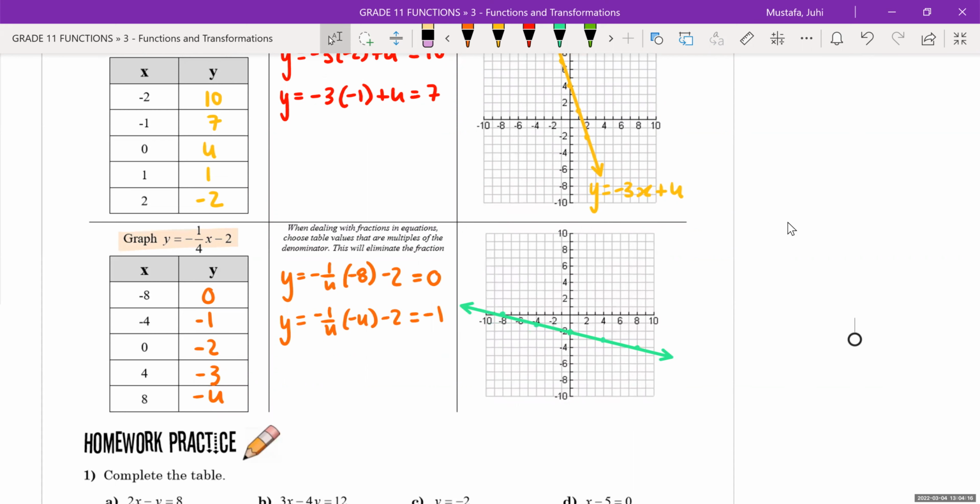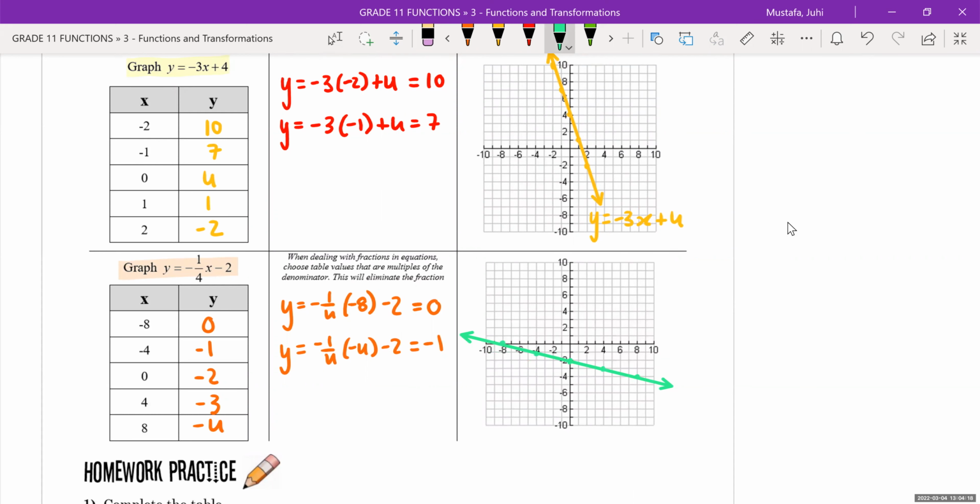You use a ruler, draw a straight line, and then label it y = -1/4x - 2.